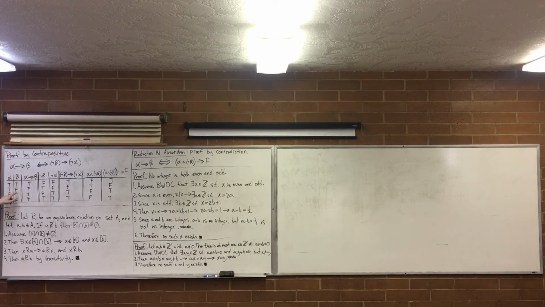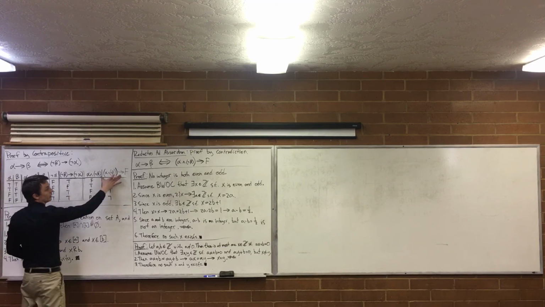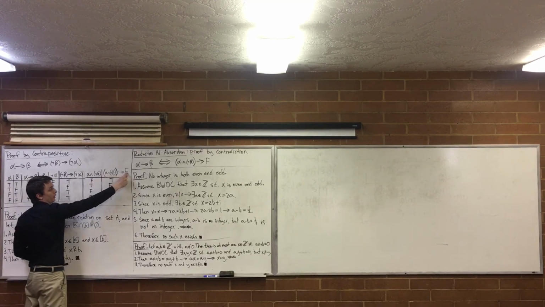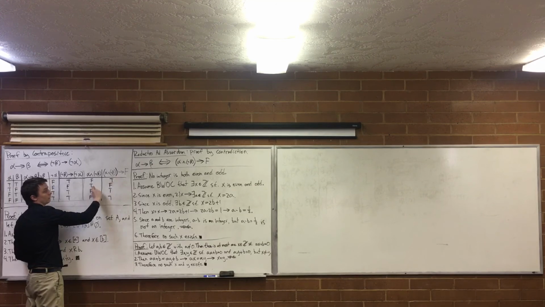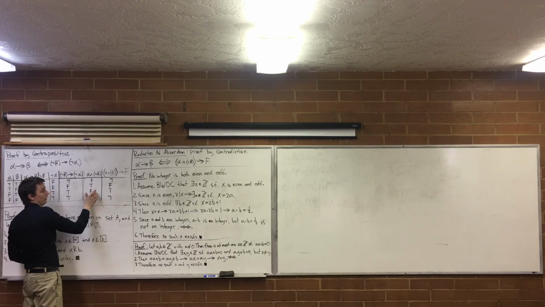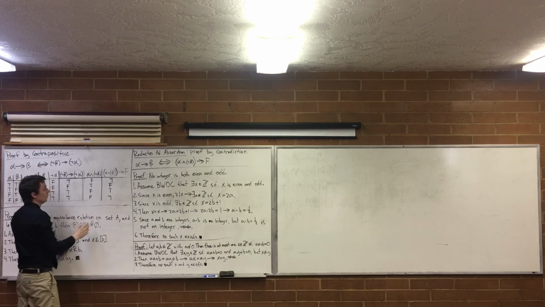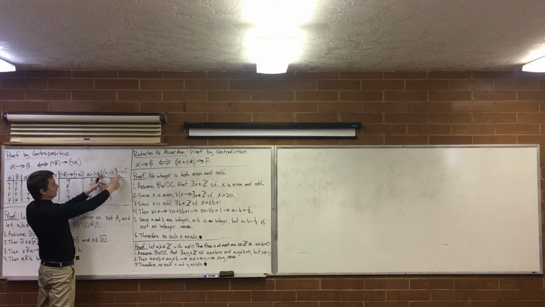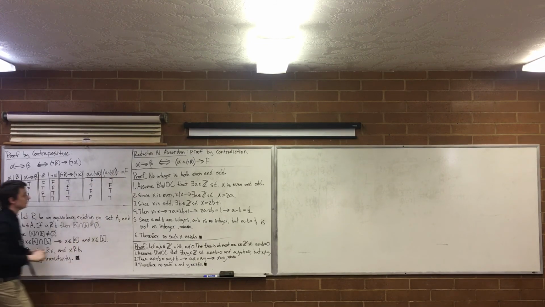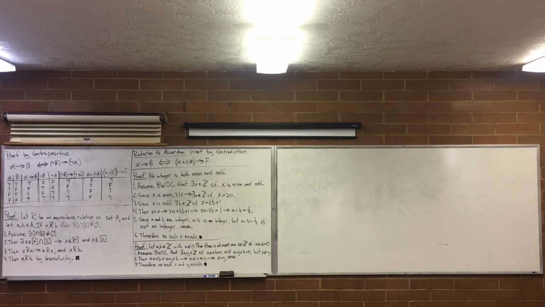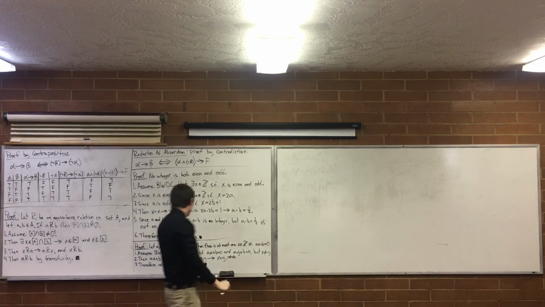So over here we have false implies false is true, true implies false is false, false implies false is true. This is the value we're plugging in for this expression. So you see how this is logically equivalent to this? Okay.